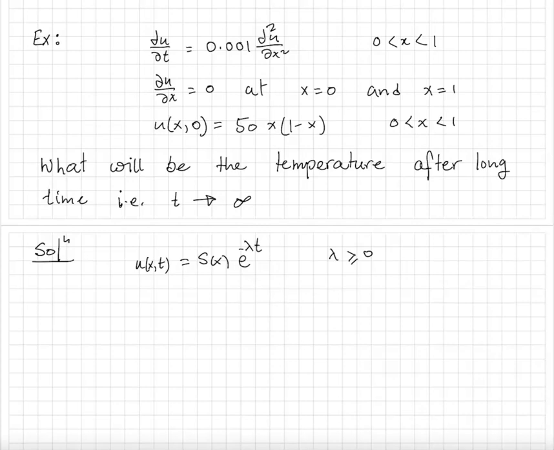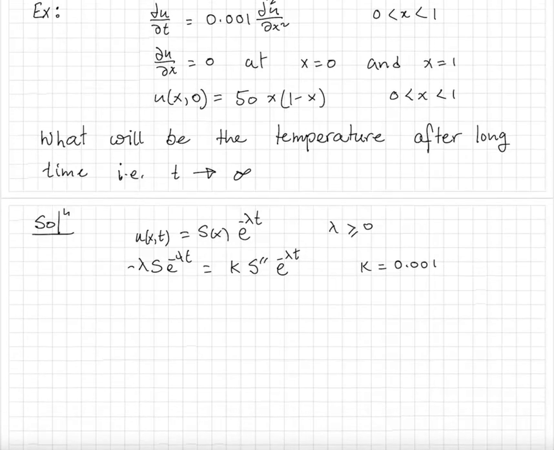Differentiate with respect to time, which gives minus lambda s e to the power minus lambda t on the right hand side. I'm going to use k for the diffusion coefficient for now, k s double prime e to the power minus lambda t, where k is 0.01. In order to avoid writing down 0.01, I can just write an arbitrary constant k, and then once I have the solution, I will substitute k equals 0.01.